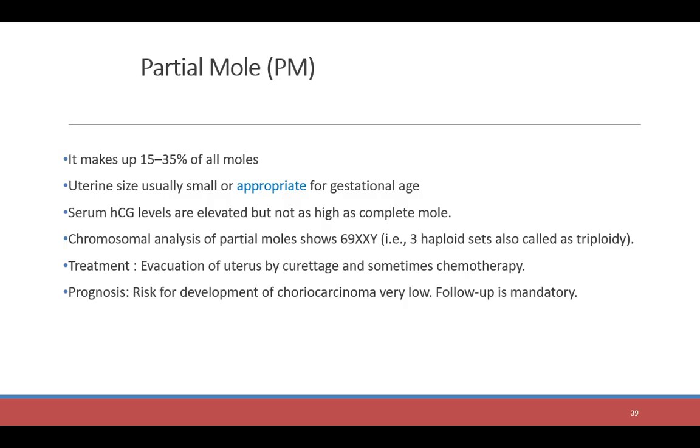The uterus size, remember, in the complete mole is remarkably increased. In partial mole, usually the uterus size looks like it fits the age of the pregnancy. It looks normal in size. Sometimes it looks even smaller than the age of the pregnancy.